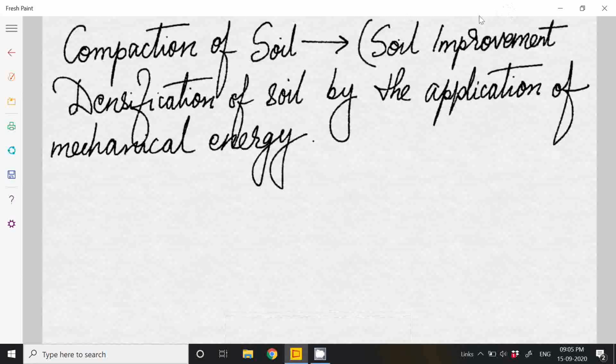So it is a very important type of soil improvement.